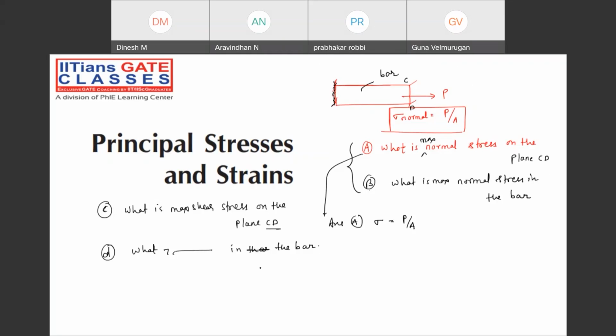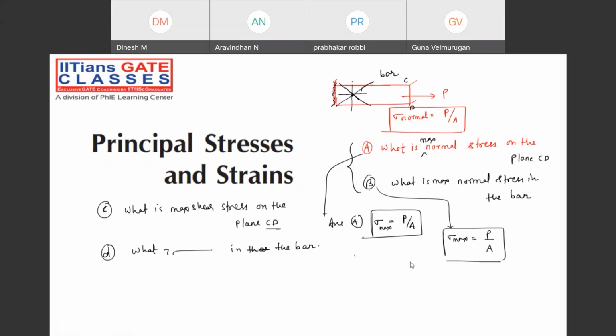Stress is defined at one particular point, and at one particular point there will not be only a single plane CD. There will be infinite planes, my dear friend, passing through this point. What is the maximum normal stress? That is the perfect answer for A. But if you ask me the maximum normal stress in the bar, that is going to be the same answer. I will tell you why, but as of now, just note down that it is the correct thing.